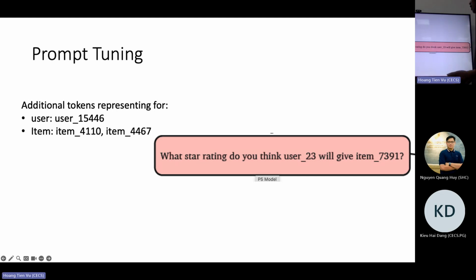We must have some special tokens in the large language model to represent a user or an item. For example, in this case, we have some natural language, like what rating do you think, which is in the embedding of the pre-trained model. But user 23 or item 7391 is not available in the embedding matrix, so we must create additional tokens representing users or items.